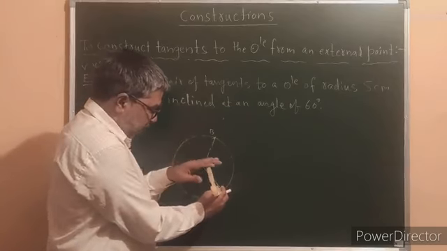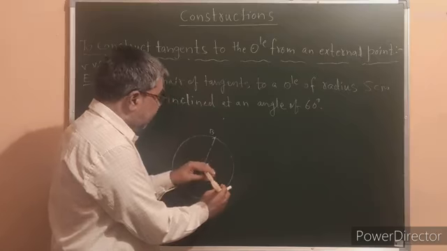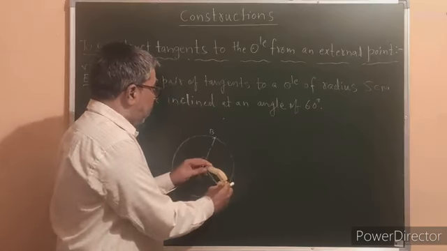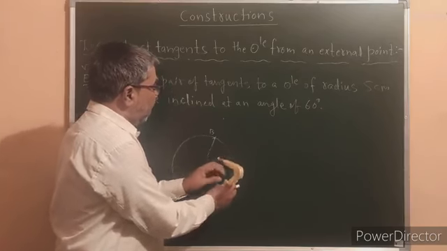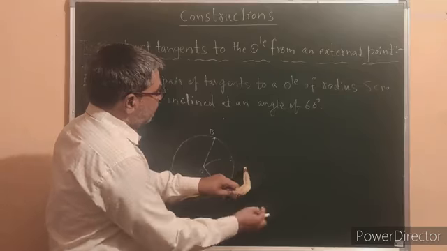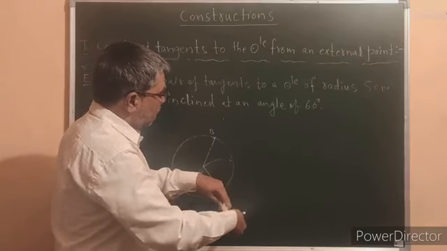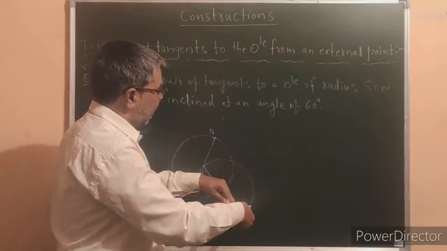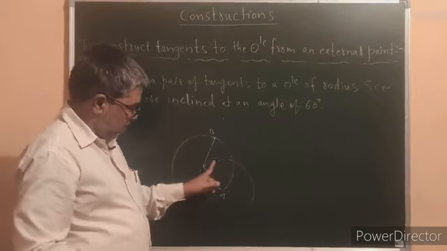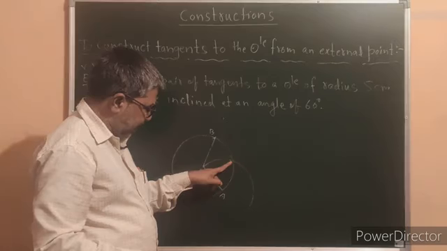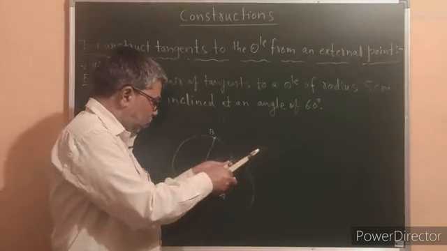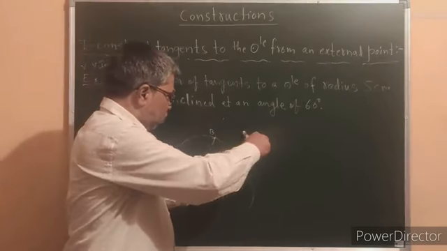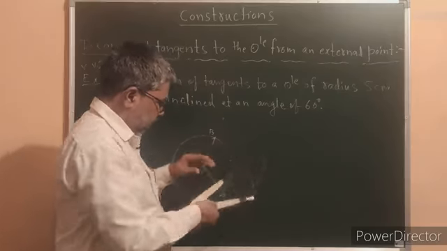For that, assume A as center, take the radius OA and draw one bigger arc like this, or you may say half of the circle. Now this arc will be cutting the circumference of the circle at this point. Assuming that point as center, draw another arc.